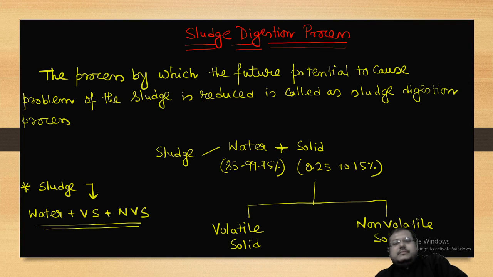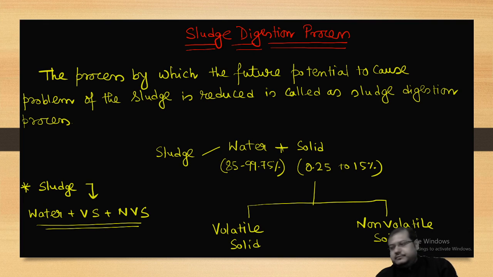Living cells are non-volatile and dead cells are volatile in nature. So the solids will be of two types, volatile solid and non-volatile solid. The sludge comprises three components: water, volatile solid and non-volatile solid.